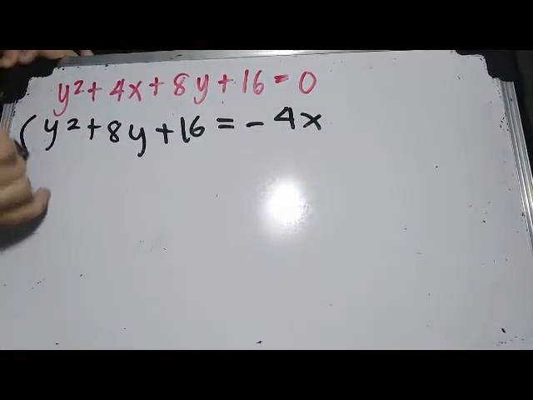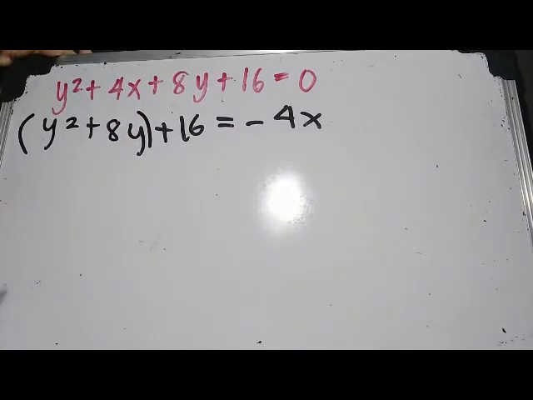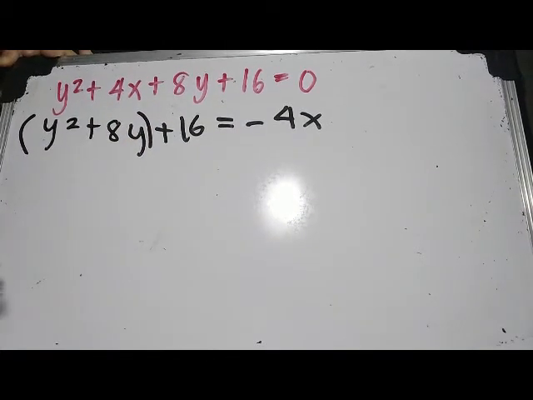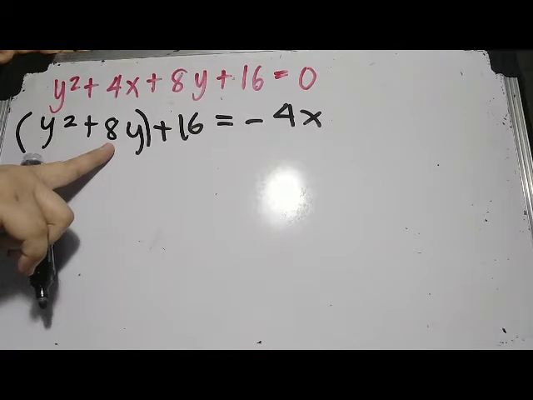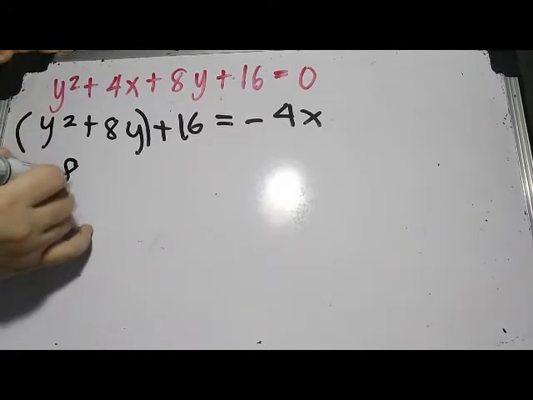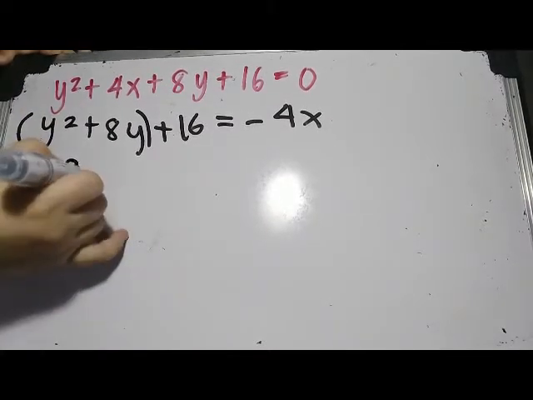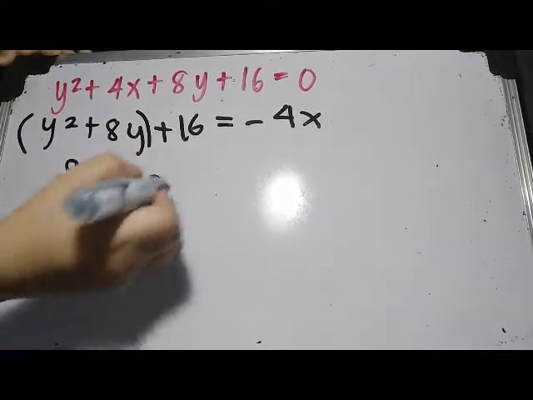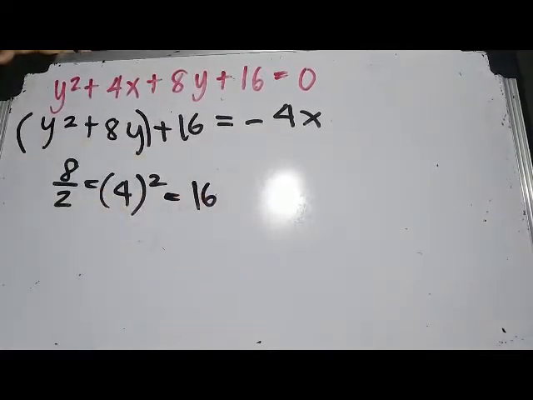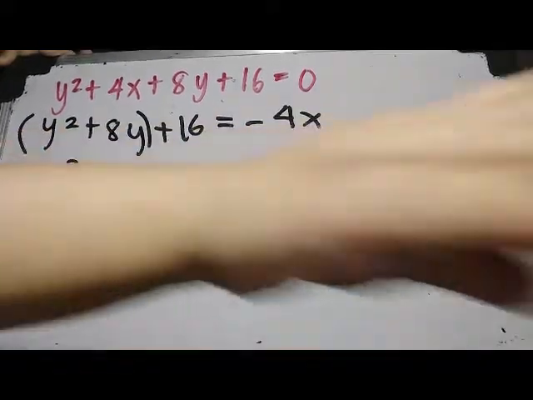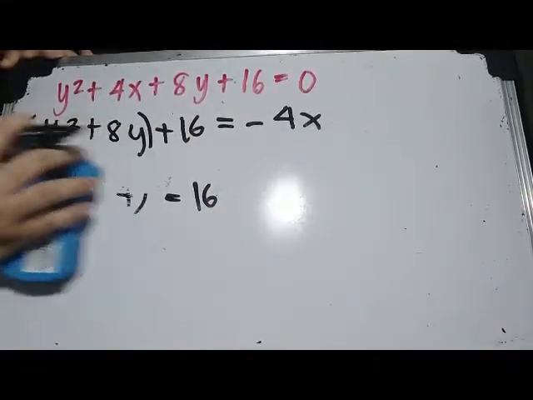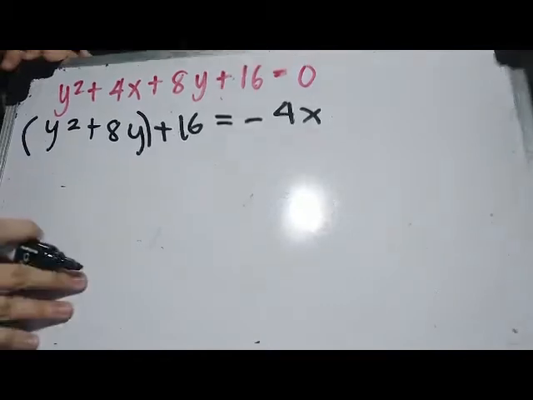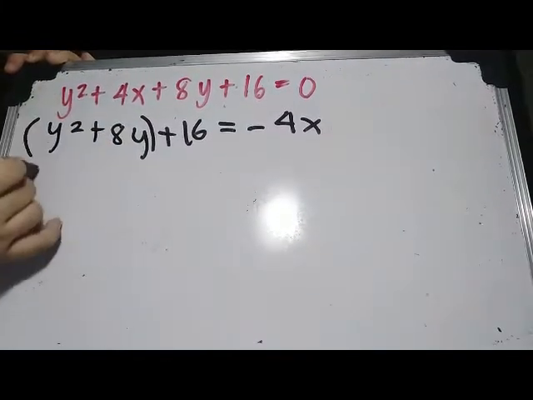And then we'll group these two terms right here, and then we'll do completing the square. So we get the coefficient of y, and then we divide it by 2, so we'll have 4. We square the answer, so we will get positive 16. And then we will add 16 inside the parentheses.